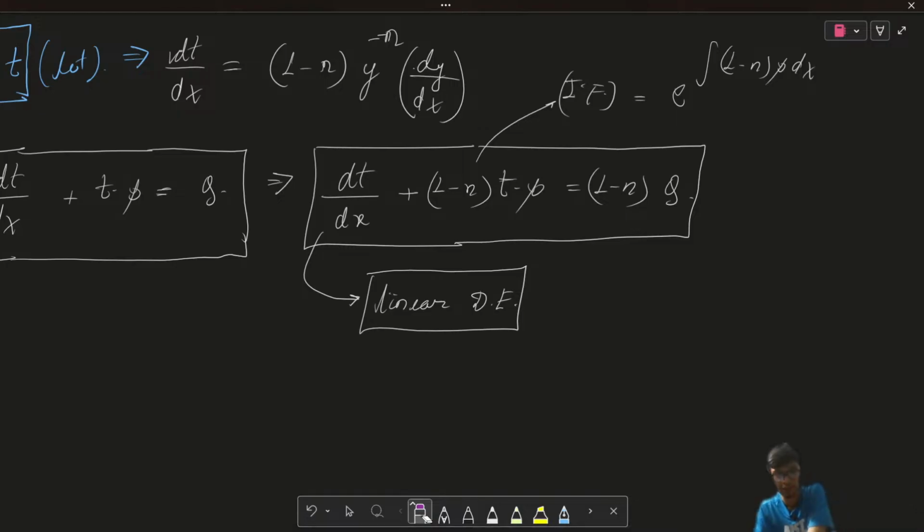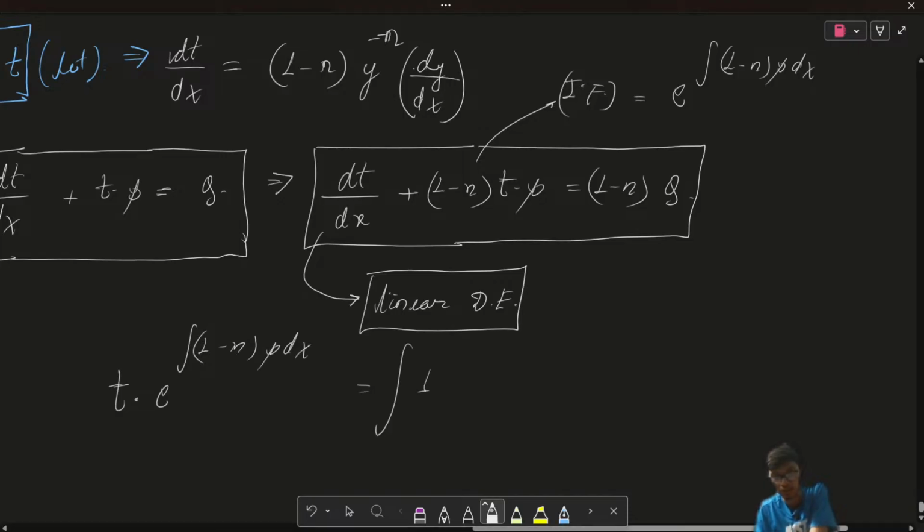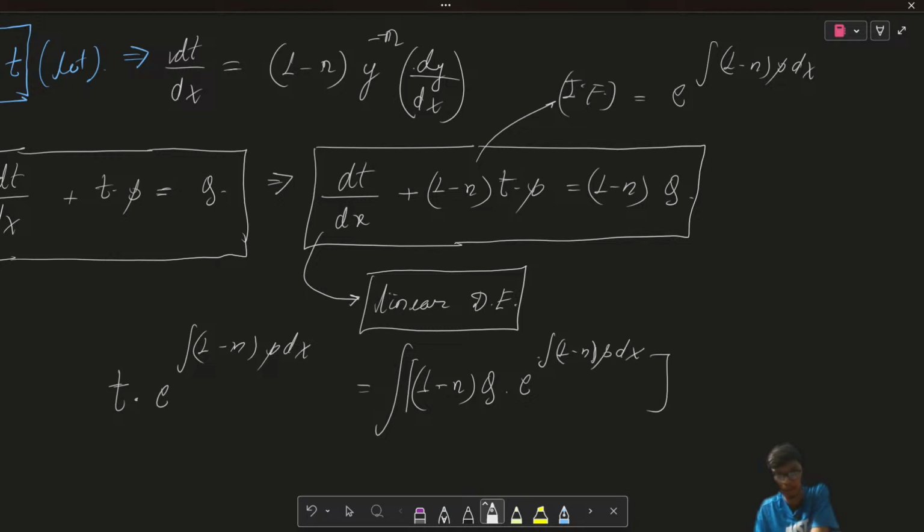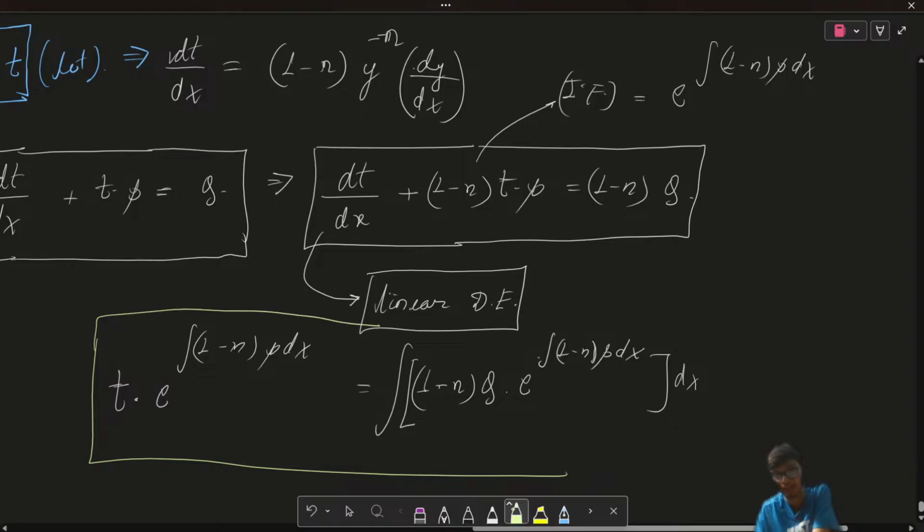So our final form should be t multiplied with e to the power integration of (1 minus n) p dx is equal to integration of (1 minus n) times q into e to the power integration of (1 minus n) times p dx, and then the whole multiplied with dx, right? So this will be the general form of the equation in terms of the variable t.